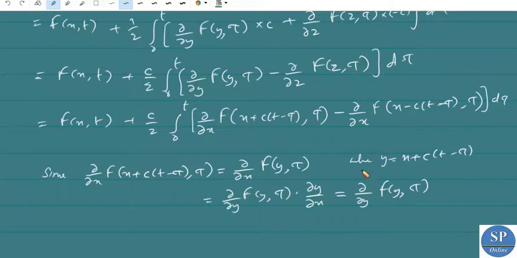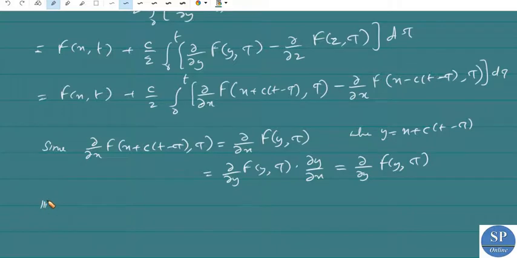So we can represent dou by dou y of f of y comma tau as dou by dou x of f of x plus c into t minus tau comma tau. Okay, so similarly we can represent this dou by dou z of f of z comma tau as this.